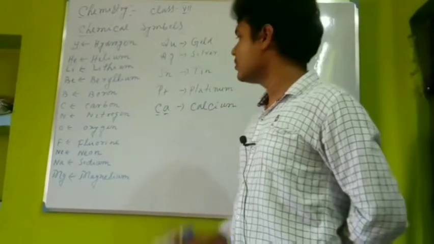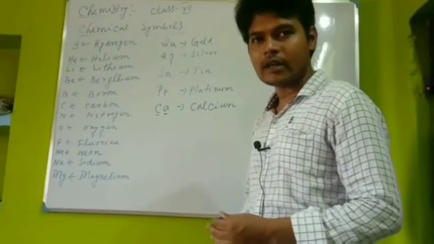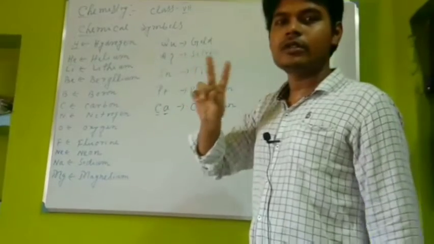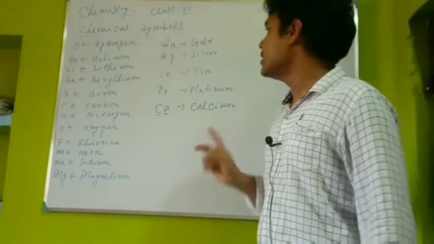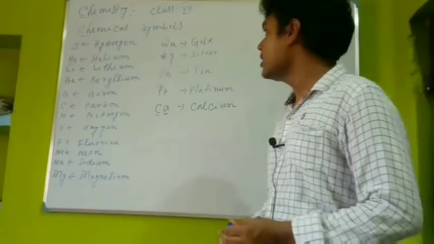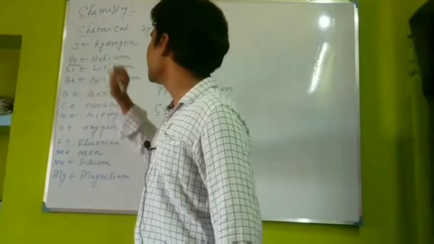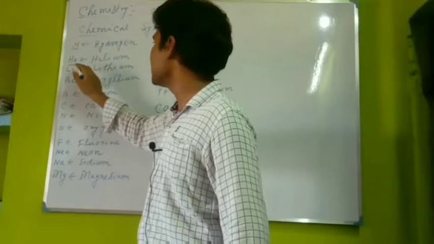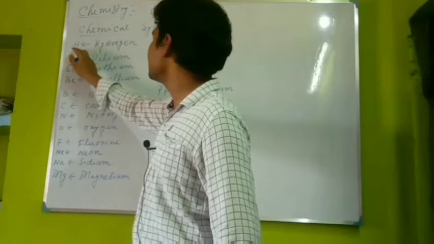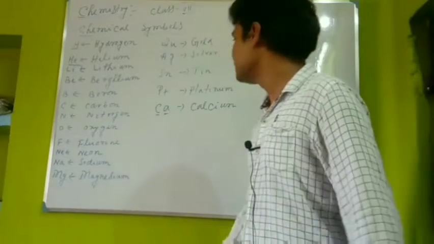Such that here, two letters are used to represent helium. H is capitalized and e is written small. But in the case of hydrogen only one letter is present, so H is written in capital.